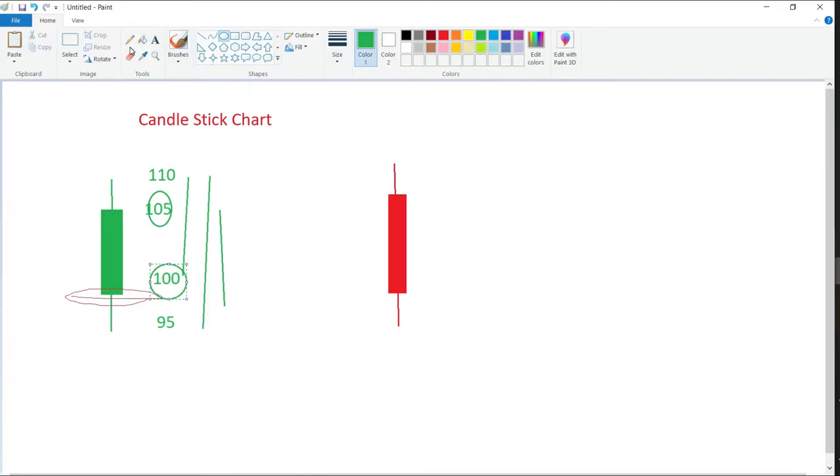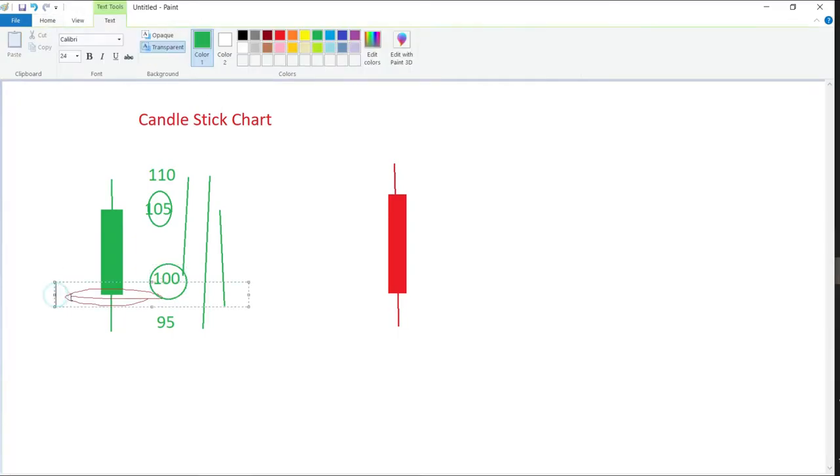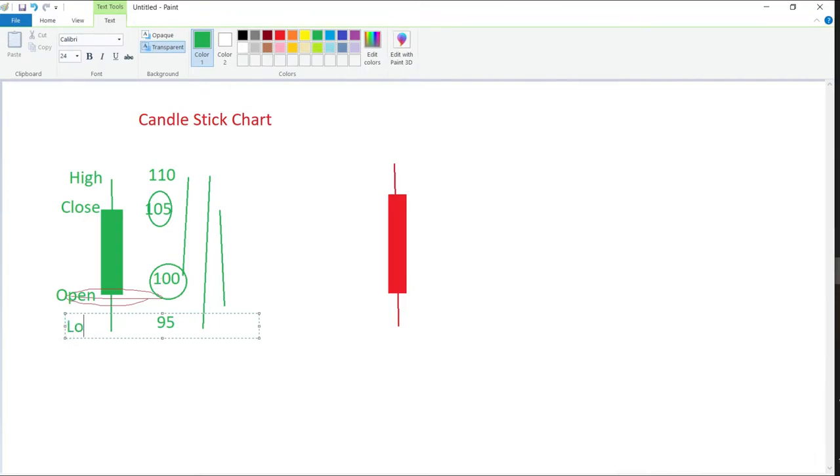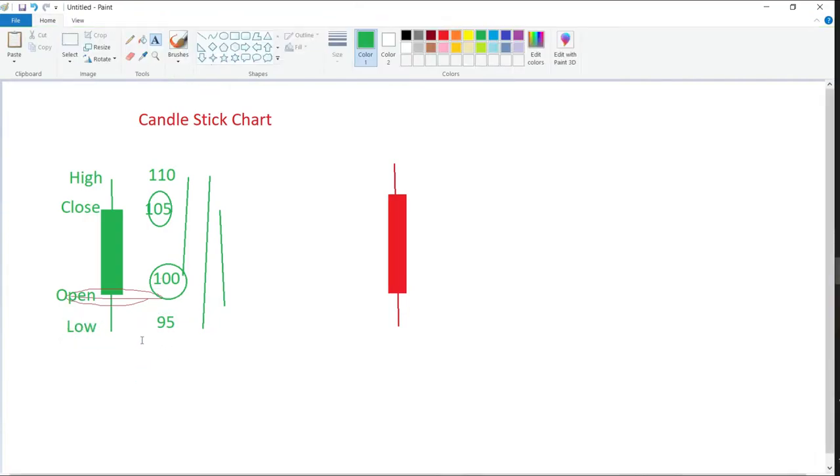So what we say now is: this is the open price, this is the close price, the high which it made at around 110 is the high price, and the low which it made at 95 is the low price. So basically a candlestick has majorly four points: open, close, high and low.